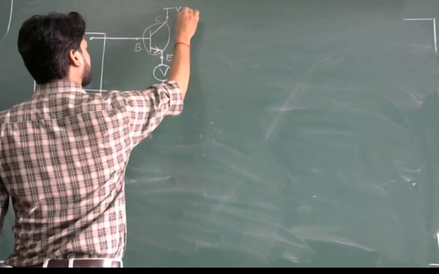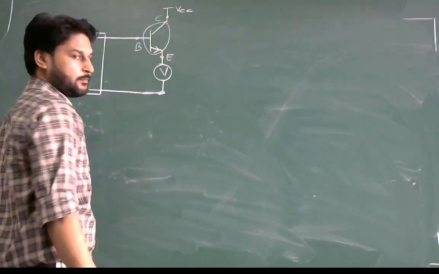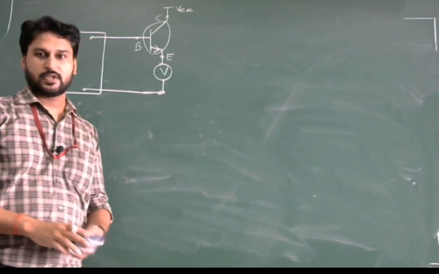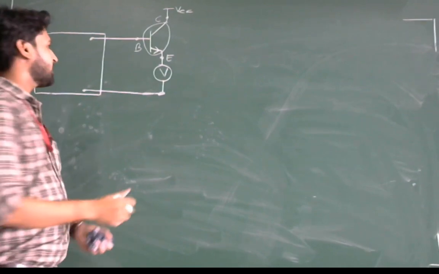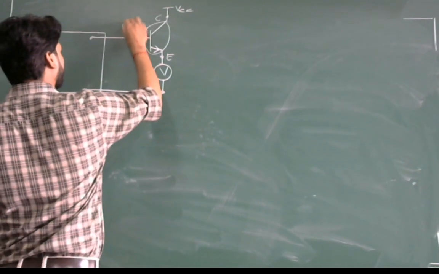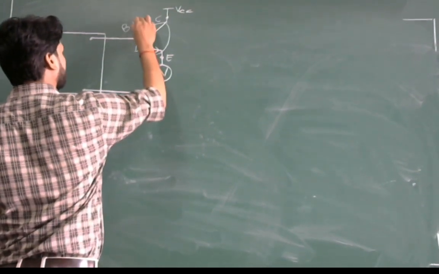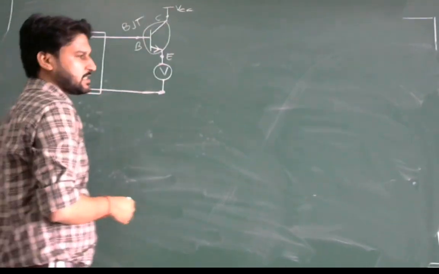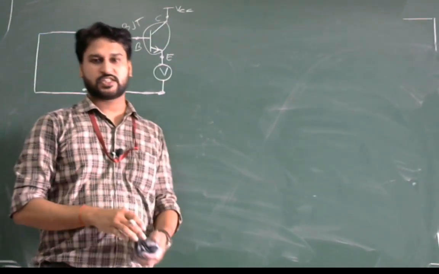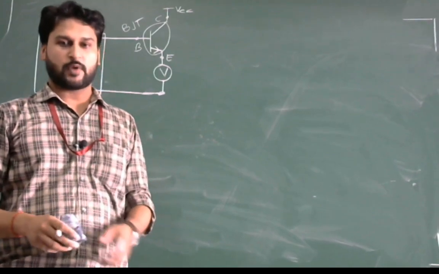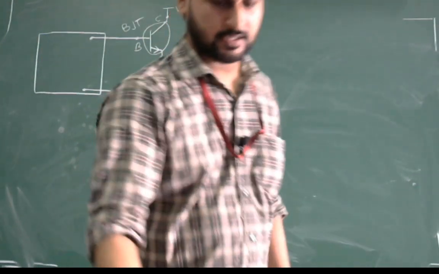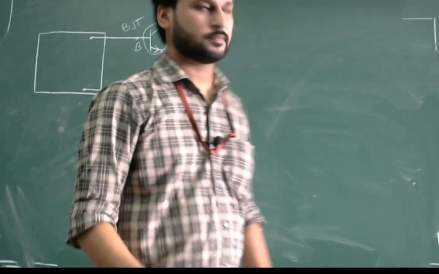This is some useful voltage VCC. After using a BJT transistor, how can this BJT transistor solve the problem? We will see after a minute.